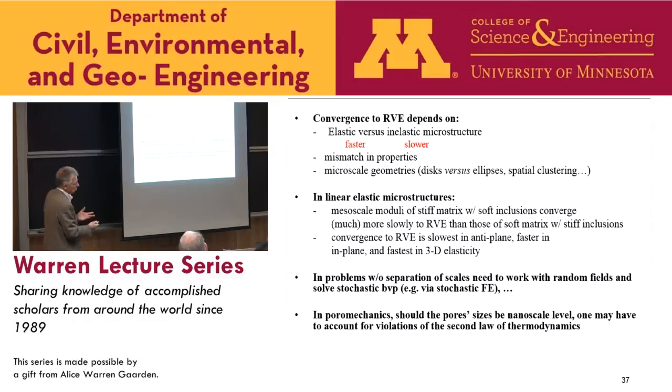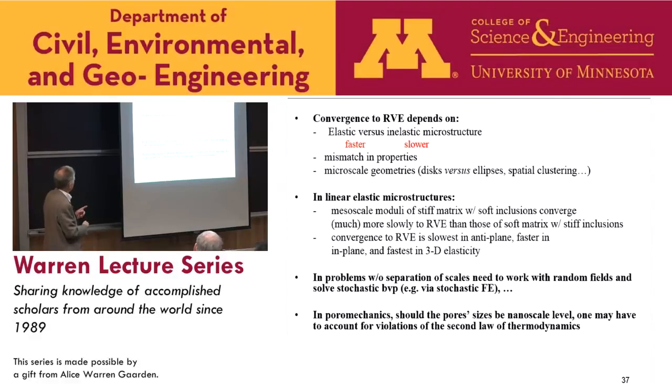One can go into all kinds of problems, having disks versus ellipses versus spatial clustering, and so some correlated structures. One has, for linear elastic microstructures, I spent some time discussing those, the convergence of moduli for stiff matrix with soft inclusions, or the opposite situation.